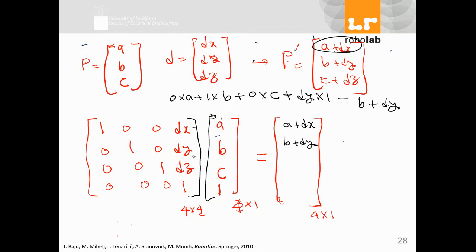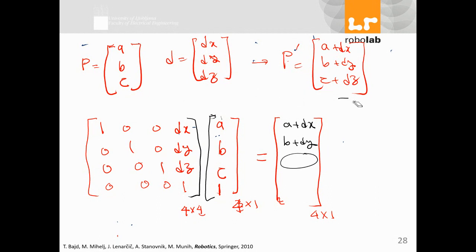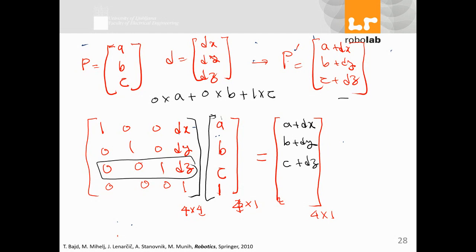And I don't need to even do the calculation. What do you guess will be the third component, even without calculation? You can guess that the third one is C plus dz. You don't believe that? You can do it here. 0 times A plus, yes Paul, you're talking about the next row, right? 0 times B plus 1 times C plus dz times 1.